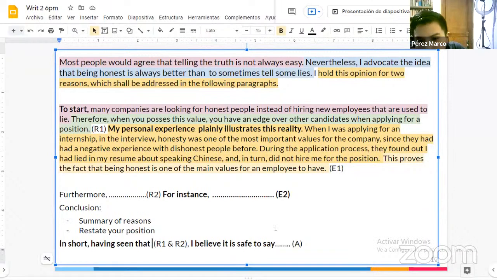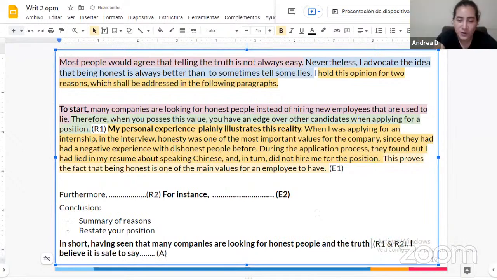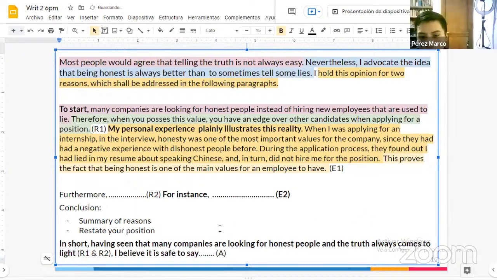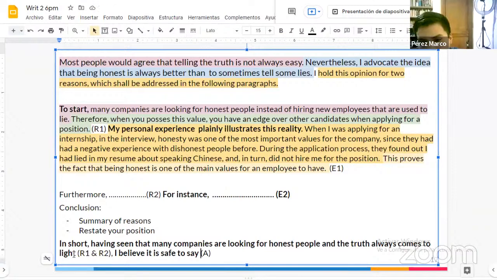In short, having seen that many companies are looking for honest people, and the truth always wins. And the rest, I believe, is safe to say. And how will you restate? Okay.